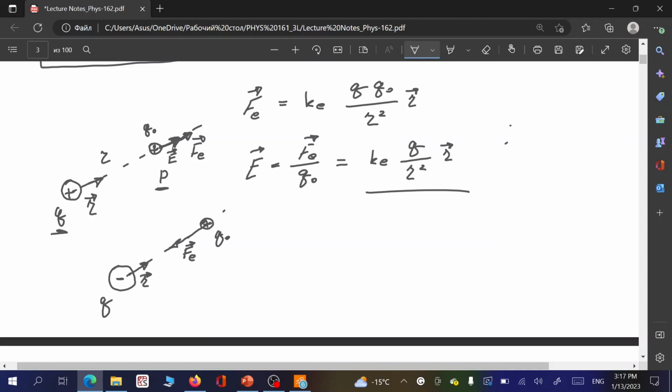It goes from the source charge to the point where we want to determine the electric field. And now we have a negative sign. So the orientation of the unit vector r and the electric field vector will be in opposite directions. That's why the electric field vector will be defined as shown here. Now it's oriented towards the source charge instead of going away from the source charge when the source charge was positive.